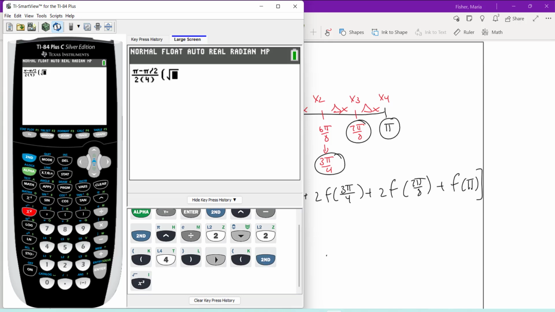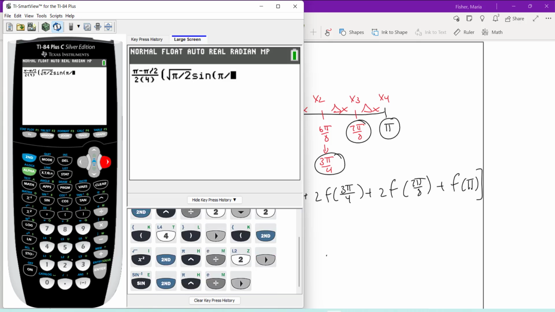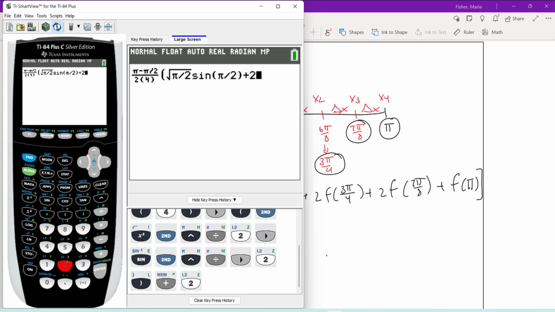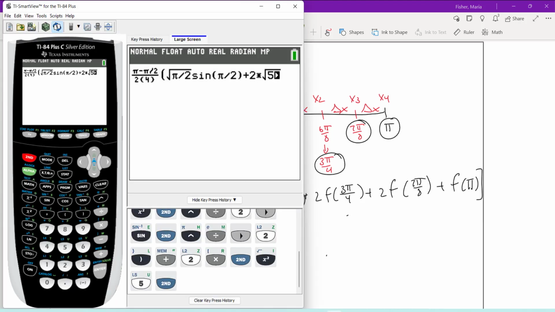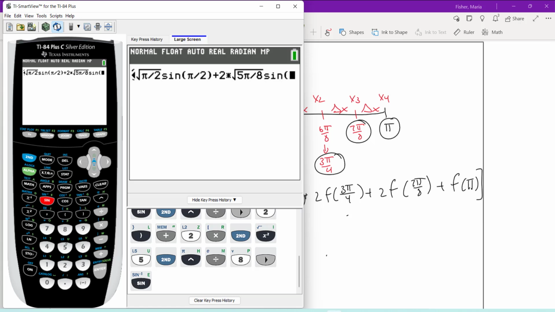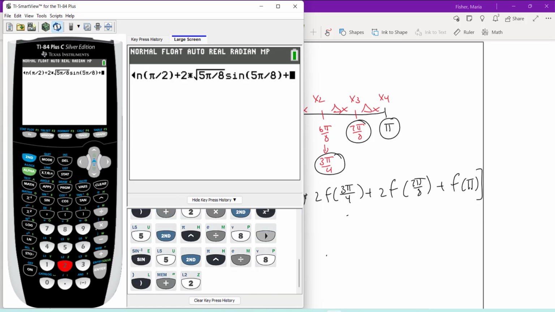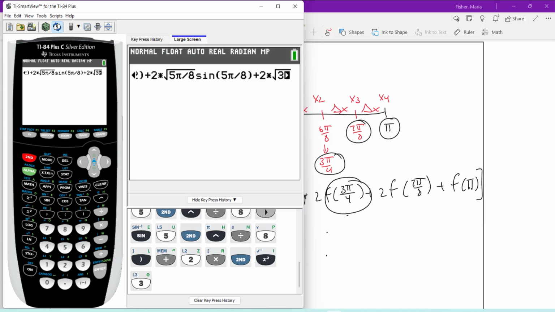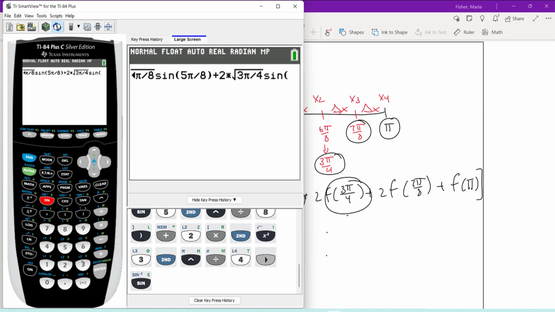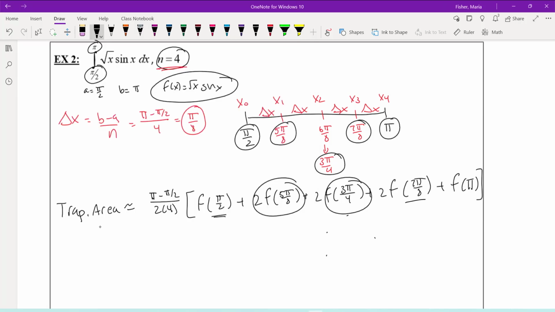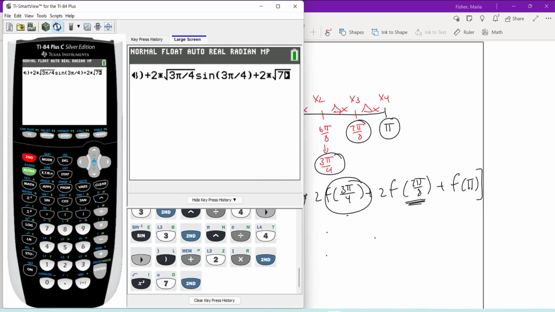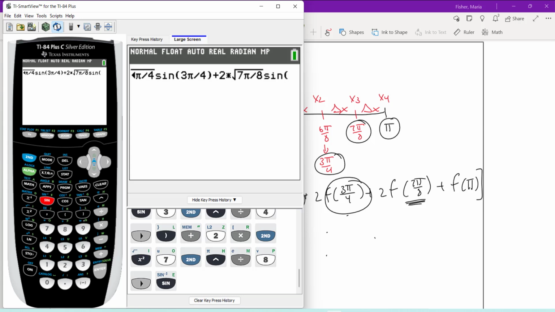So we say the square root of pi over 2 times the sine of pi over 2, and then plus 2 times the square root of 5 pi over 8 times the sine of 5 pi over 8, plus 2 times square root of 3 pi over 4 times the sine of 3 pi over 4, plus 2 times the square root of 7 pi over 8 times the sine of 7 pi over 8.